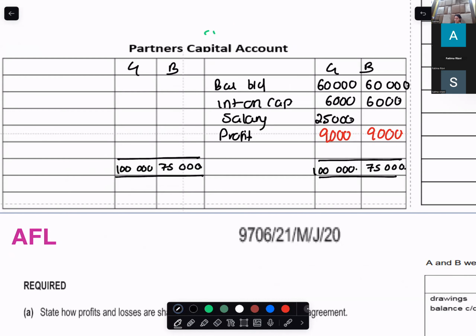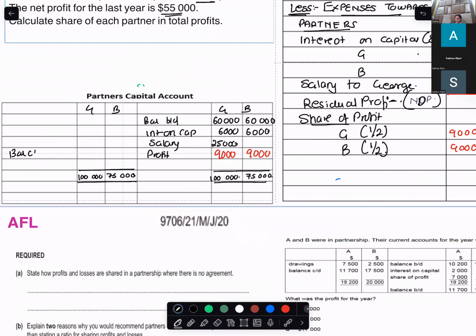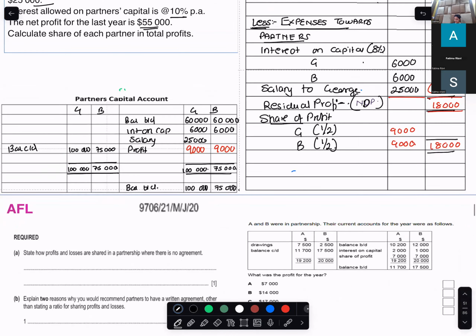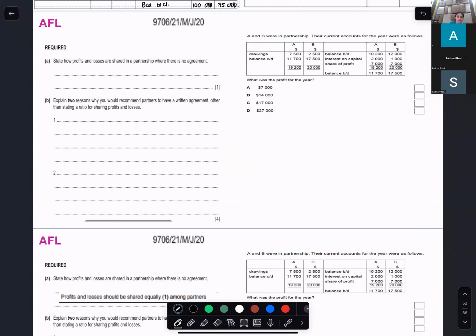So I'll write the total and I have the balance close down and I have balance brought down 100,000 and 75,000. I hope both of you are with me. Yes, miss. Okay. This we complete.